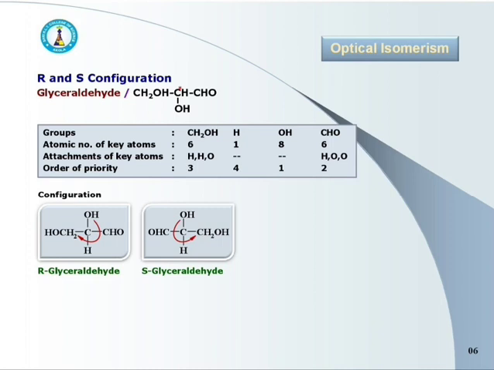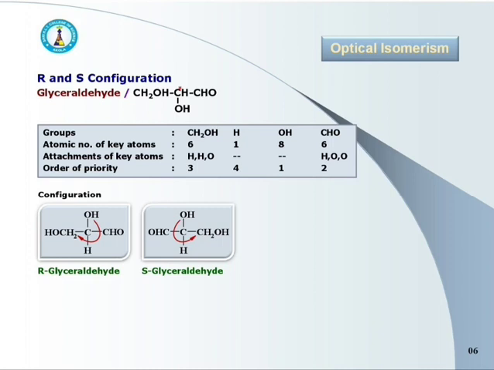See the structure of glyceraldehyde. In both structures, the lowest priority hydrogen is at the bottom, and the priority of the other groups decreases in the clockwise direction in the first structure, whereas it decreases in the anticlockwise direction in the second structure.